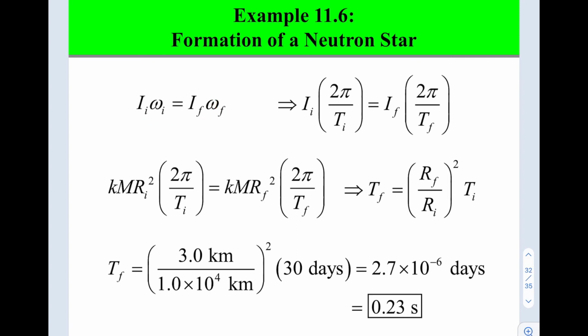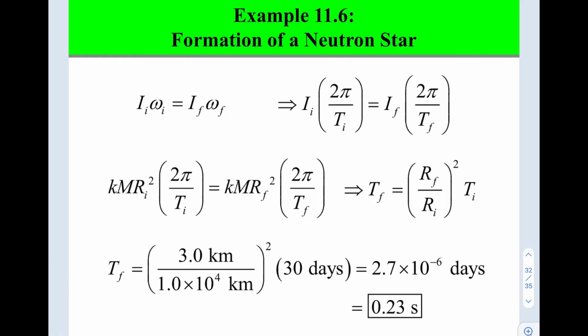Right. By using the concept of conservation of angular momentum, our omega is distance traveled over time taken. The distance traveled is 2 pi for a circle, and the time taken is the period. We do the same for the final omega. Our moment of inertia is equivalent to k m r squared, where k is a constant, equal to 2 over 3 for a solid sphere.